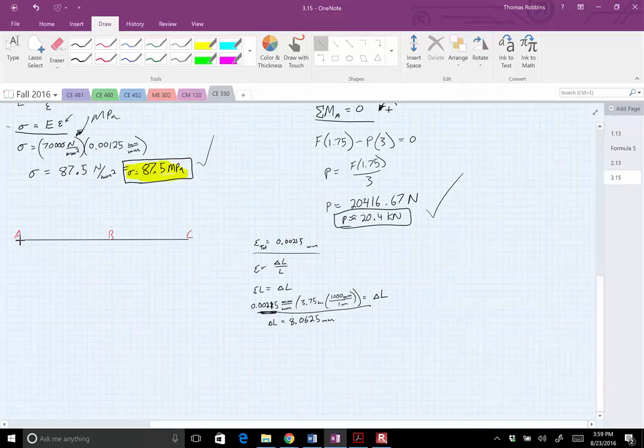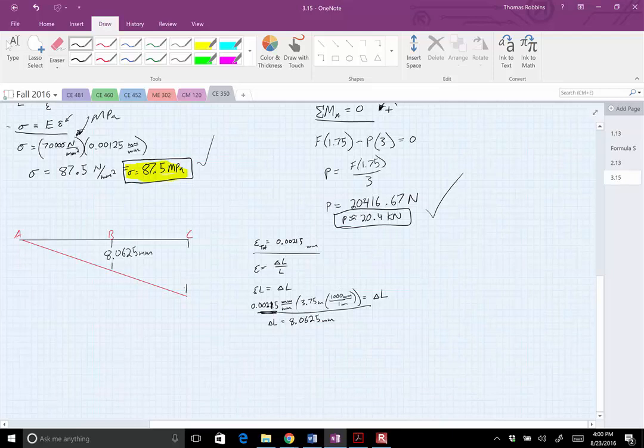That means that from B, if I draw this out here, from here to here is 8.0625 millimeters. Then here to here, what's that distance?